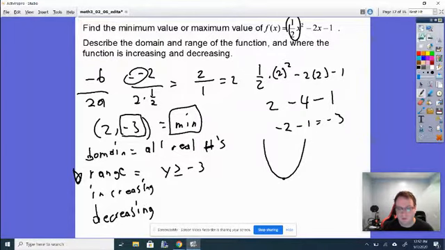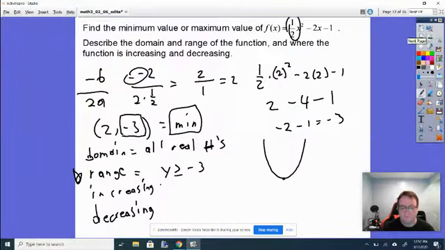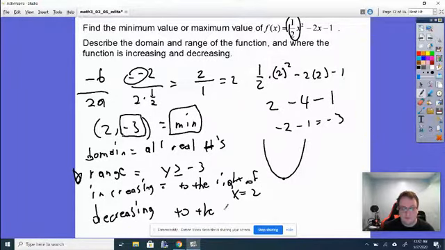Go back here. Decreasing to the left of, increasing to the right of. So it's increasing to the right of the x value here, so increasing to the right of x equals 2. And then decreasing to the left of x equals 2.